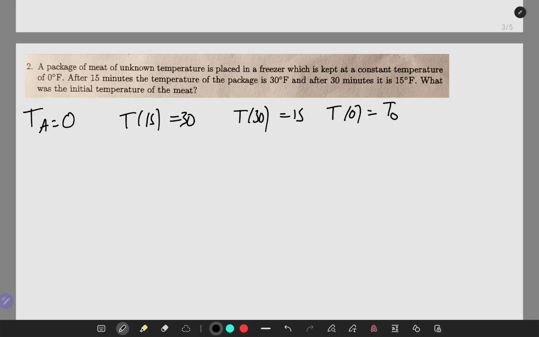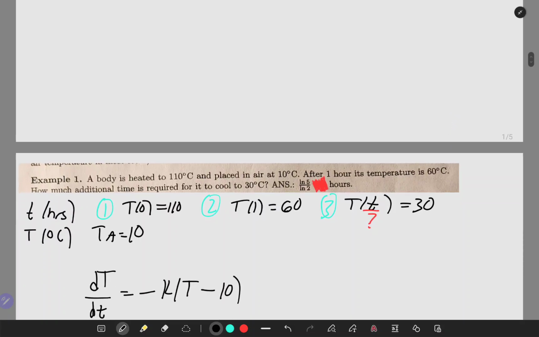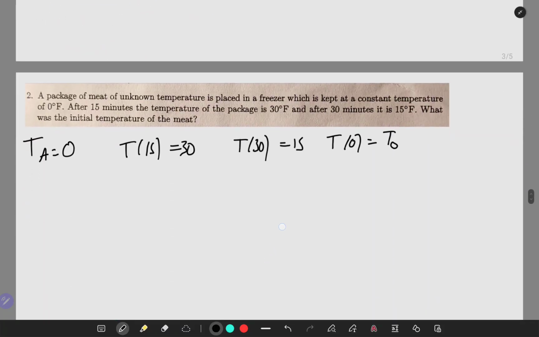So for this one, if you look at the last question, it wanted how much time is required for it to cool down to a temperature. So I started at a high temperature, and I want to know the time it takes to cool down to a lower temperature, right? For this one, we start at an unknown temperature.